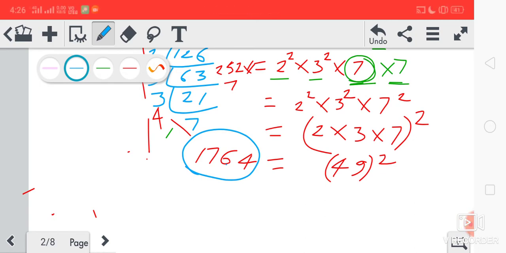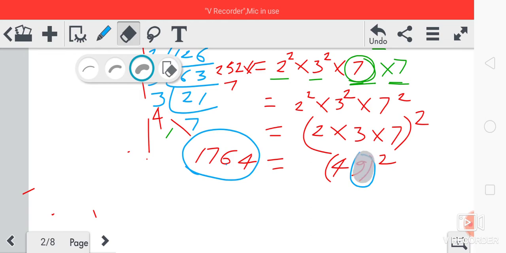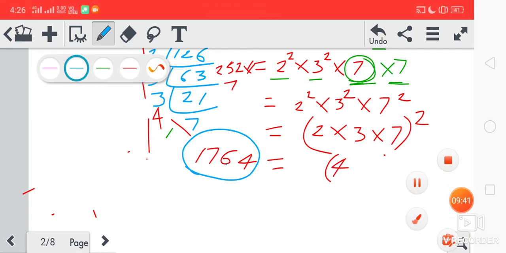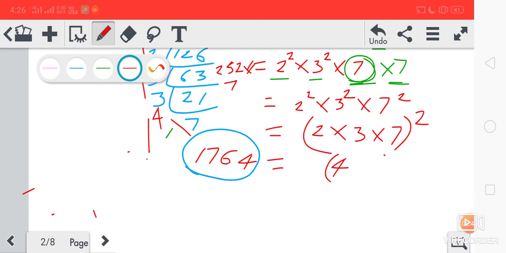This will not be 49 square, it will be 42 square. So 1764 is equal to 42 square.